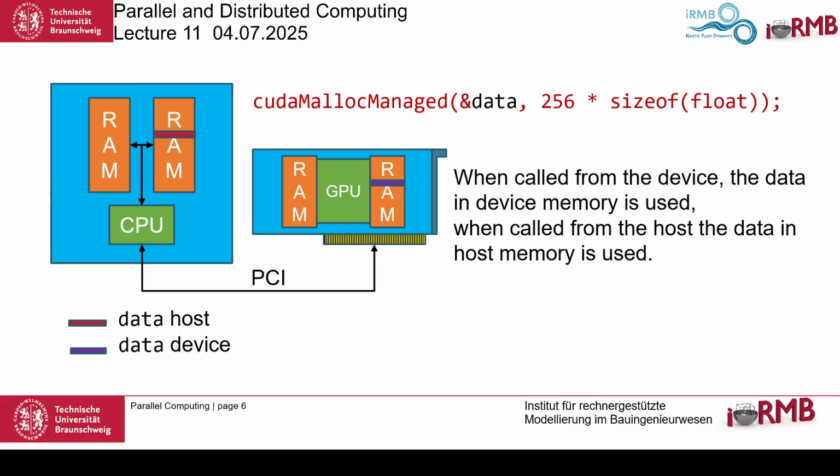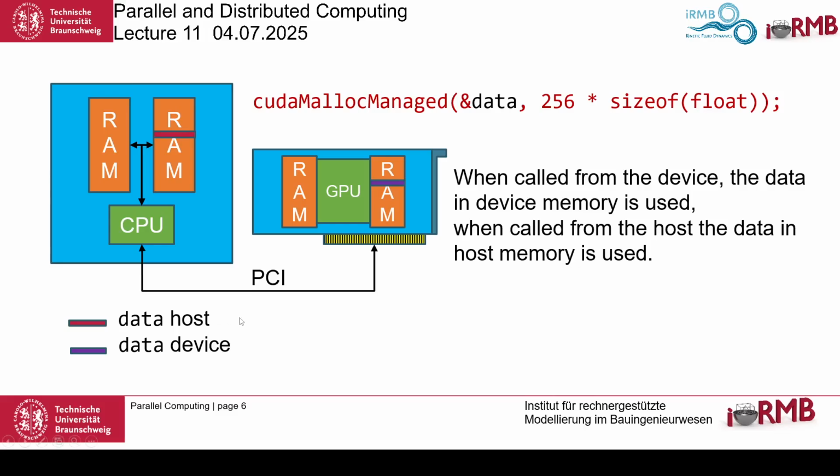Right. More or less the last thing to think about is what data you would use if this is done on a GPU. In particular, if you use managed memory, not device memory.